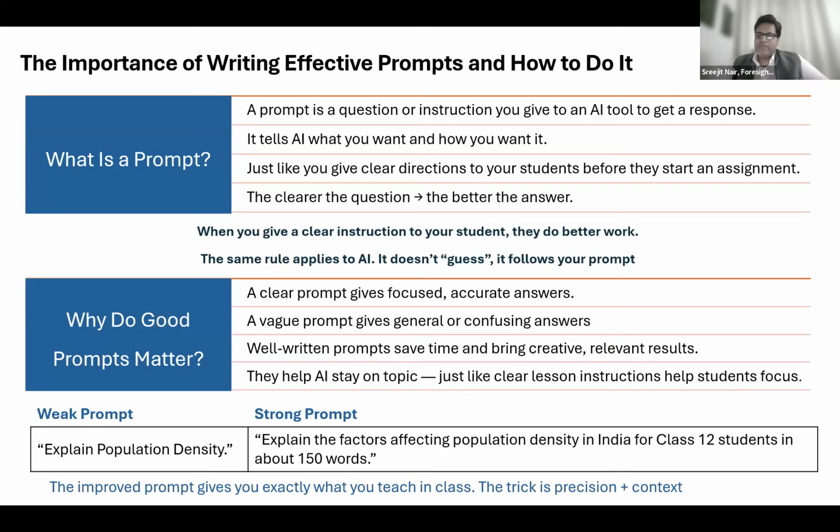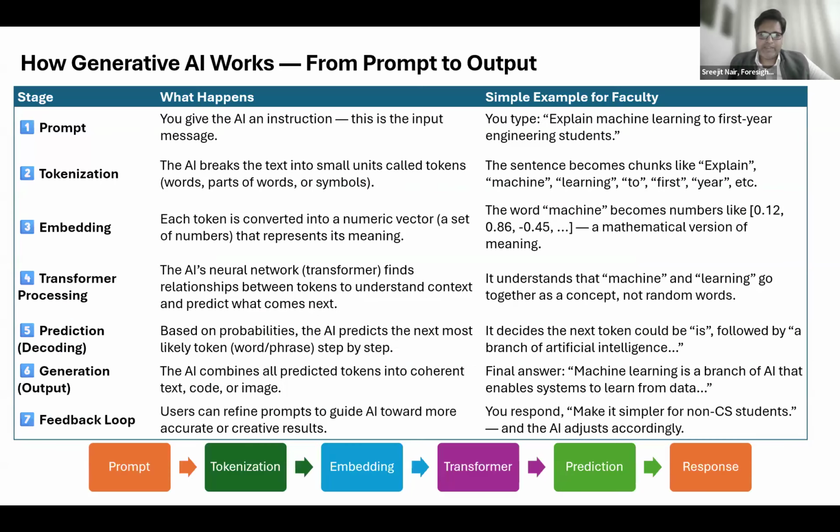When you see such a simple example, it helps you understand what exactly to ask for and what kind of results can come when you are giving a particular kind of query. So I'll go now with how the generative AI works from prompt to output.